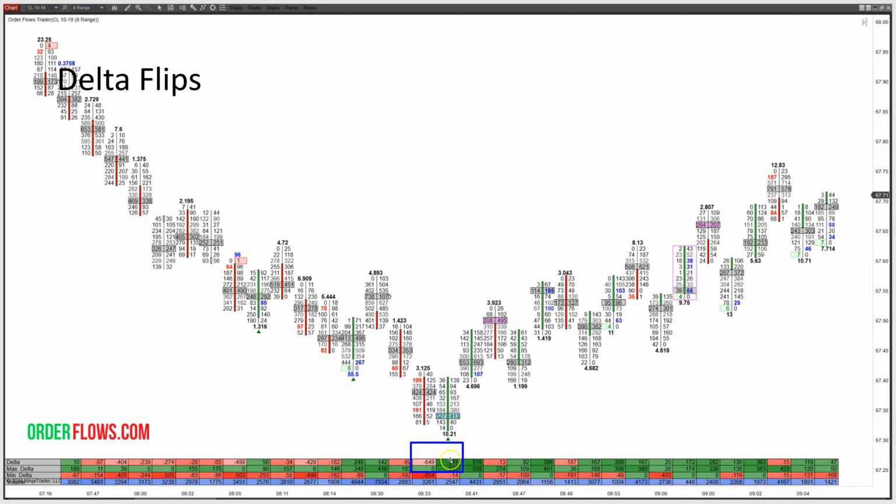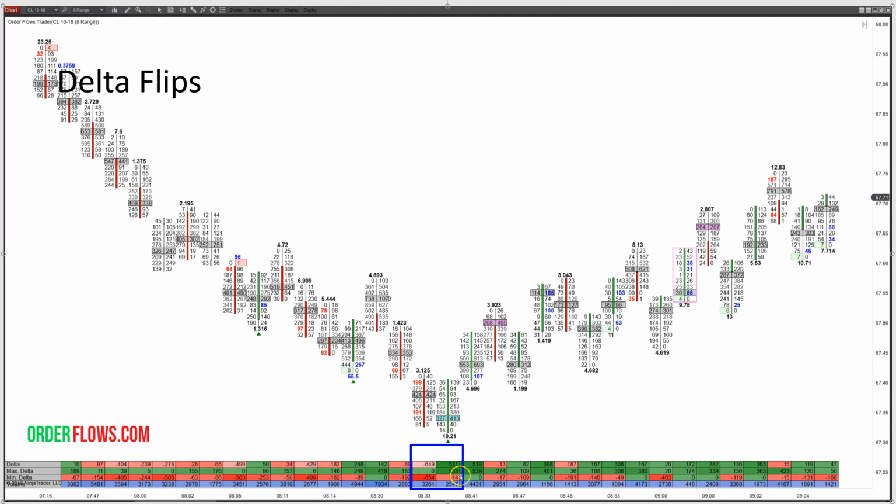This is how it will look. This is a delta flip buy. You've got minus 649 as the final delta. You can see the max delta is 0, so at no point was the delta positive in the bar. The min delta is minus 654. Then in the next bar, it's flipped. 531 is the positive delta.